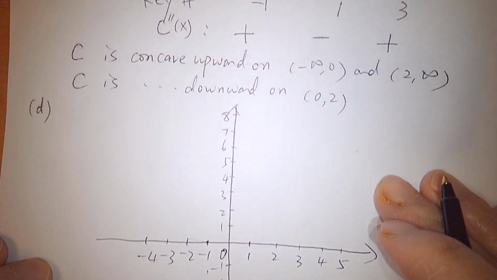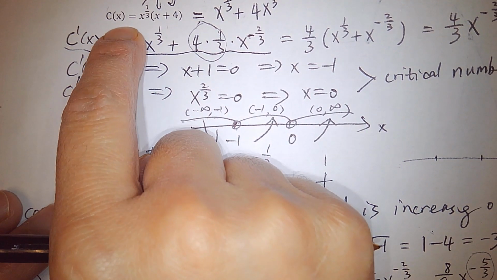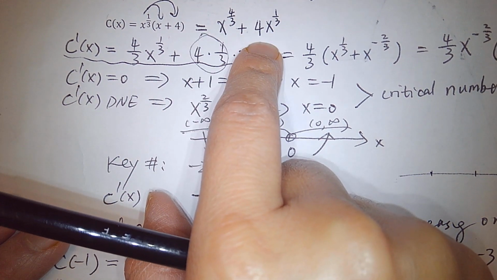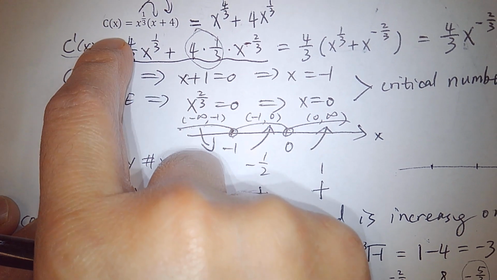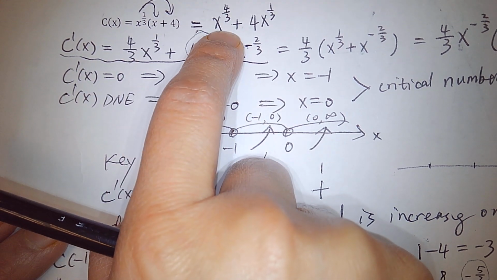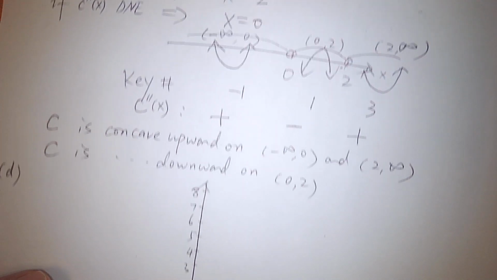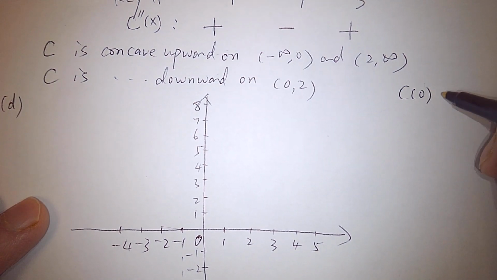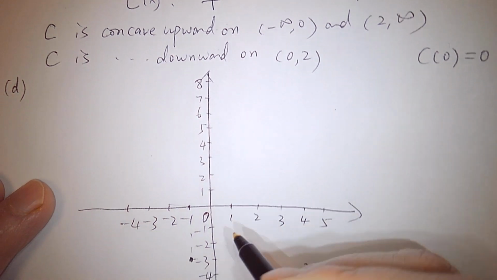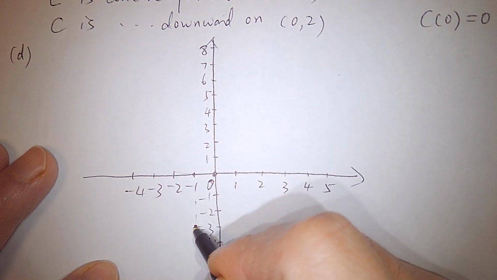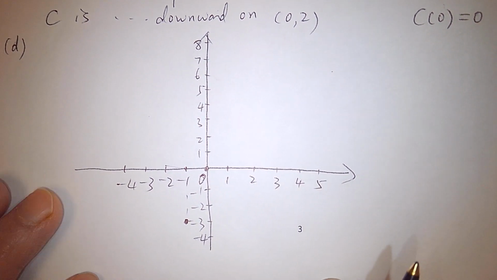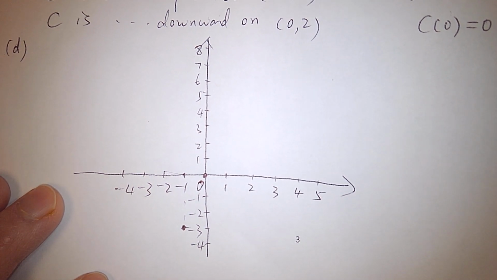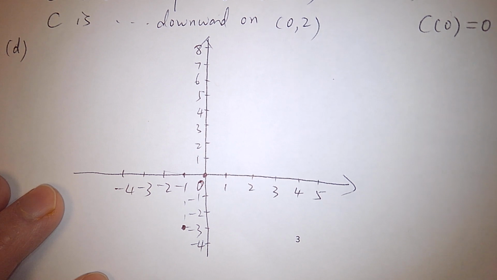To find the x-intercept, we let y equals 0, so let C equal 0 and find x. x will be 0. To find the y-intercept, we let x equals 0 and find the C value. So the x and y-intercept will be (0, 0). Or we can do C of 0 equals 0. So (0, 0) will be one key point. And then we need more key points, right?